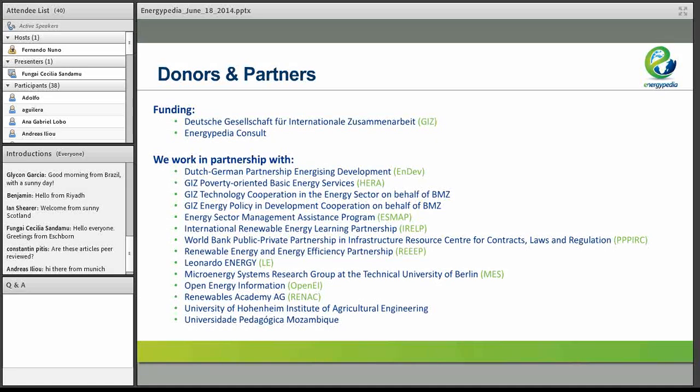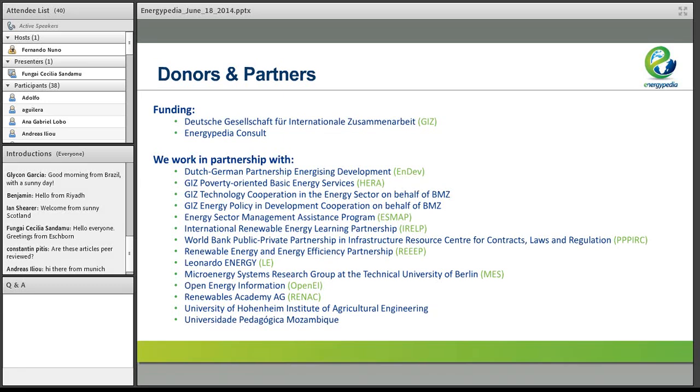Going into our donors and partners, one of our central objectives is to promote and support the exchange of knowledge by providing links among knowledge bases worldwide and fostering collaboration in order to ensure that knowledge gaps are successfully filled by organizations and individuals who are capable. For this reason, we work in close partnership with several organizations, such as the ones listed.